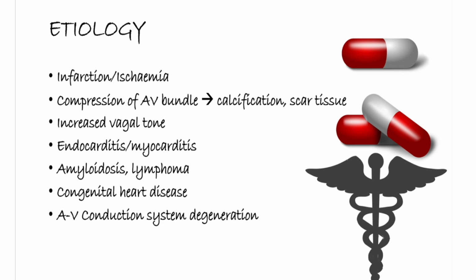Then again, AV conduction system degeneration could have occurred as well, which is mostly seen in older patients. And then inflammation of the AV bundle or bundle of His could be another cause, or even inflammation of the AV node.